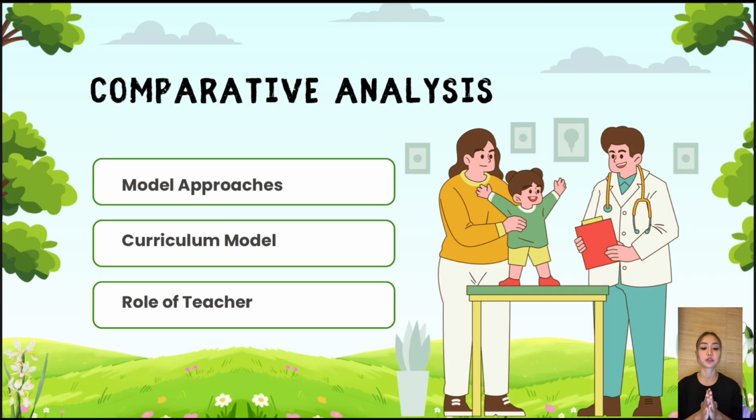The Montessori model follows a sequence of curriculum using specific learning materials, while Reggio Emilia uses an emergent curriculum adapted from the child's interest. The teachers listen to and observe the child's interest before planning activities.